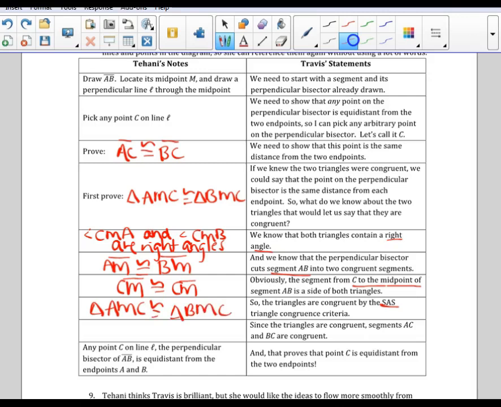And then we know, since the triangles are congruent, we can conclude that AC will be congruent to line segment BC because they are corresponding parts. So we have just proven from our vocabulary that the points on the perpendicular bisector of a segment are equidistant from the endpoints of the segment.